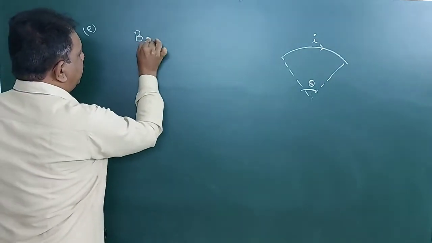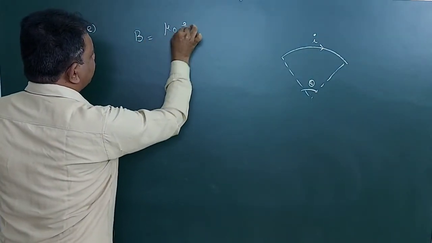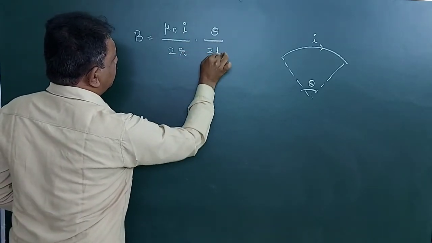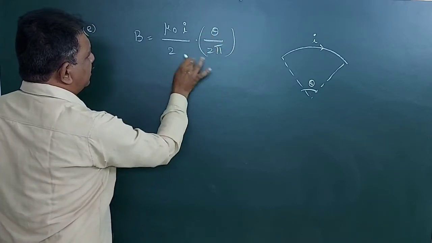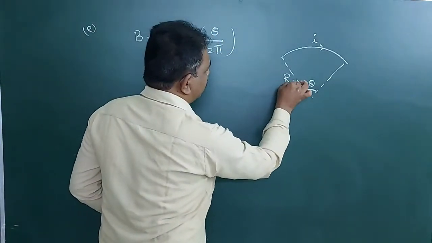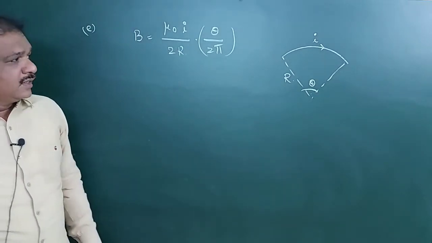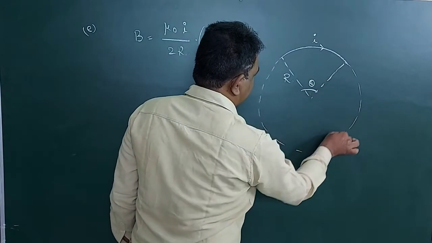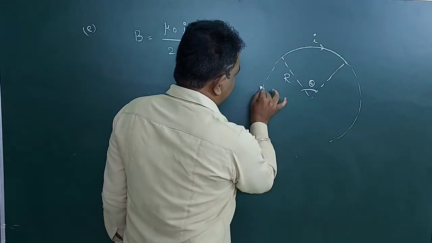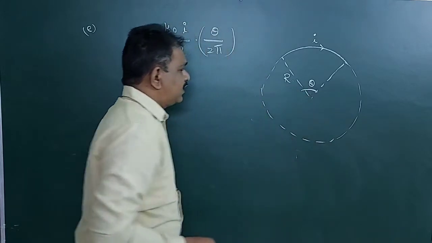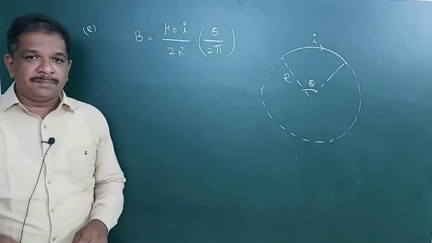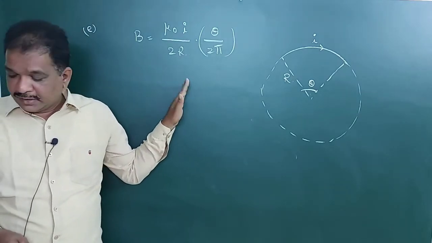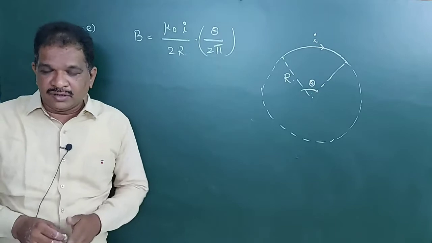B is equal to mu naught I by 2r into theta by 2 pi, where r is the radius of that circle. With this circular arc, if I construct a circle like this, then the radius of that circle will be equal to capital R. Okay. These formulas are enough relating to the circular coil.